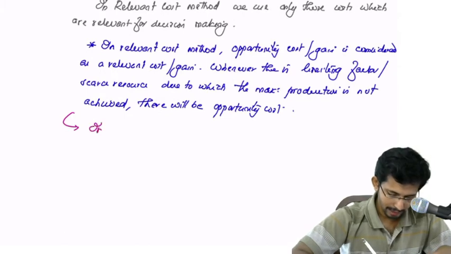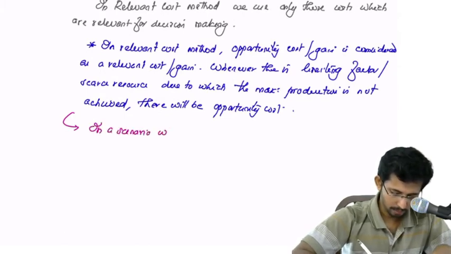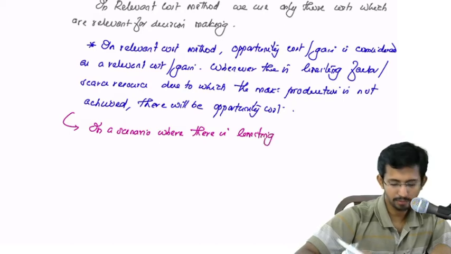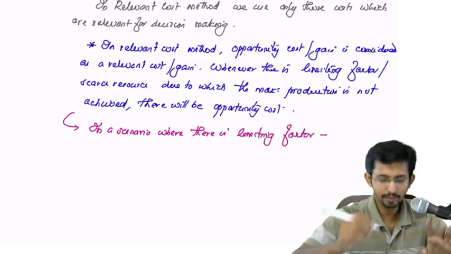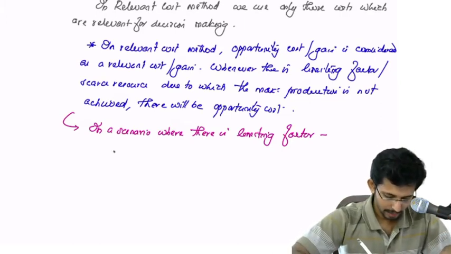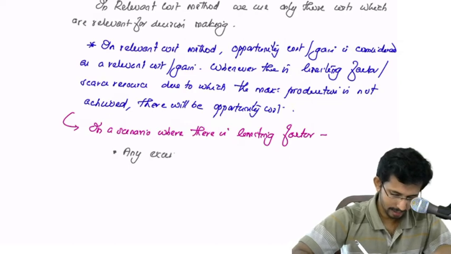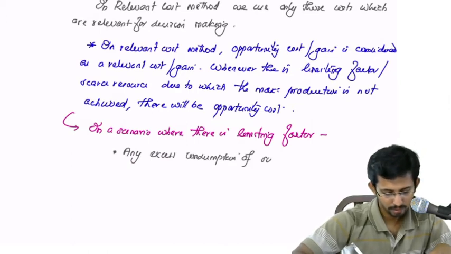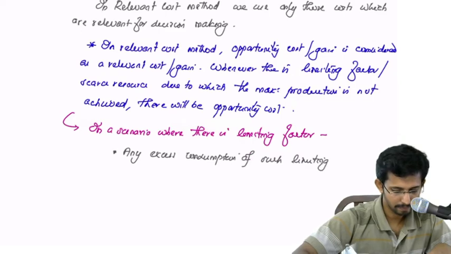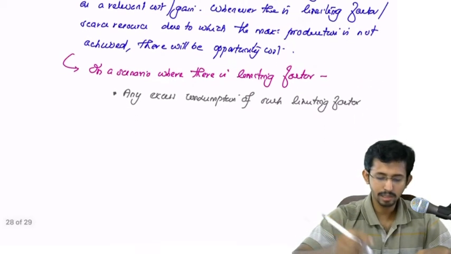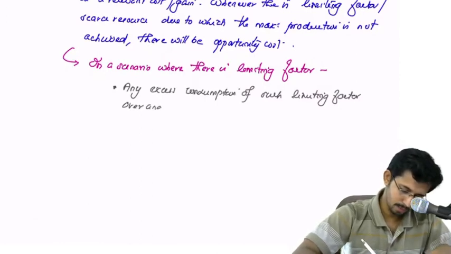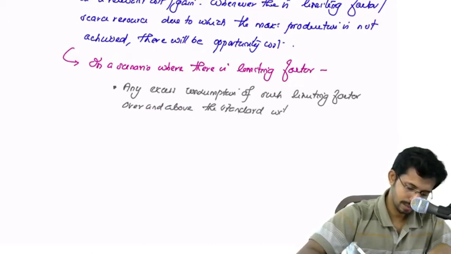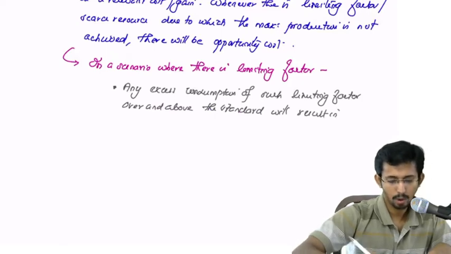You can write, in a scenario where there is a limiting factor, any excess consumption of such limiting factor over and above the standard will result in opportunity cost.